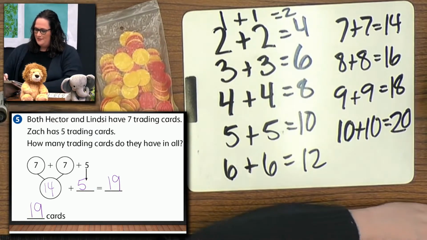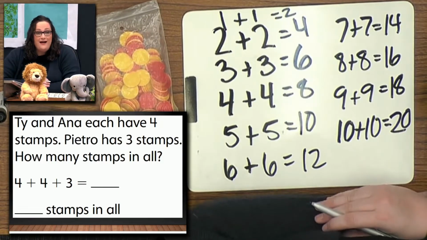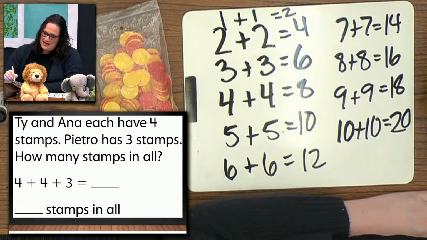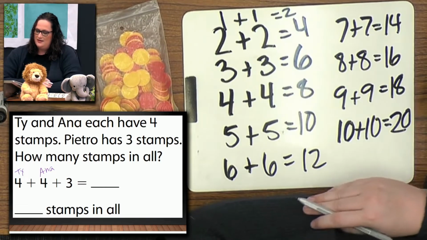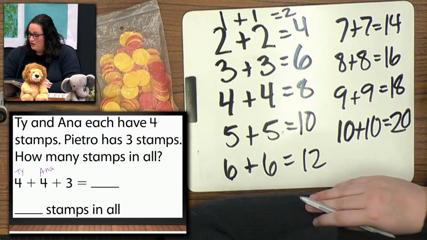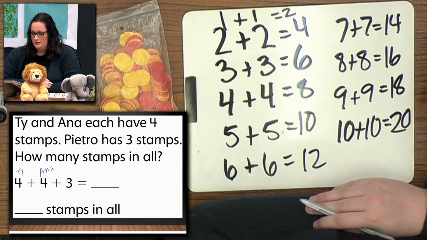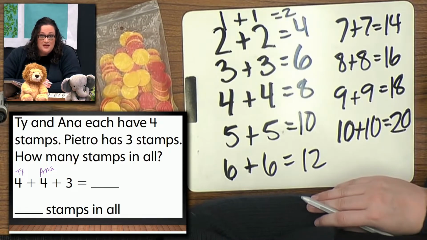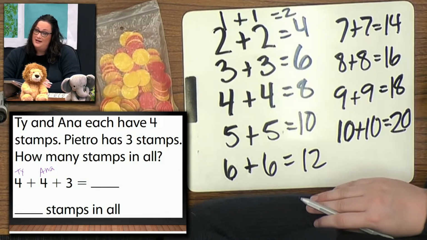Excellent work. Ty and Anna each have 4 stamps. So this is Ty, this is Anna, and Petro has 3 stamps. How many stamps do they have in all? Do you see the double? Go ahead and solve.